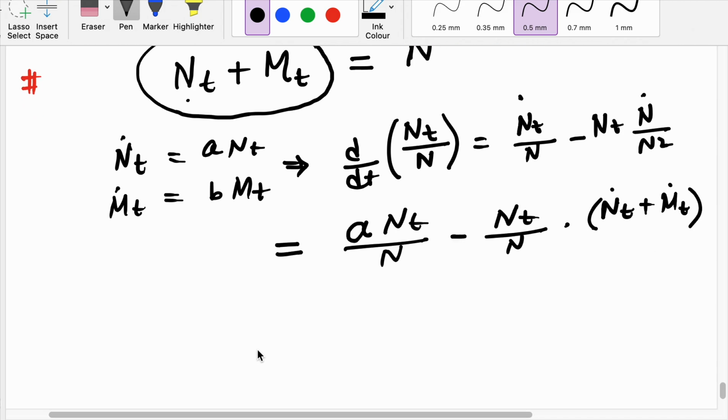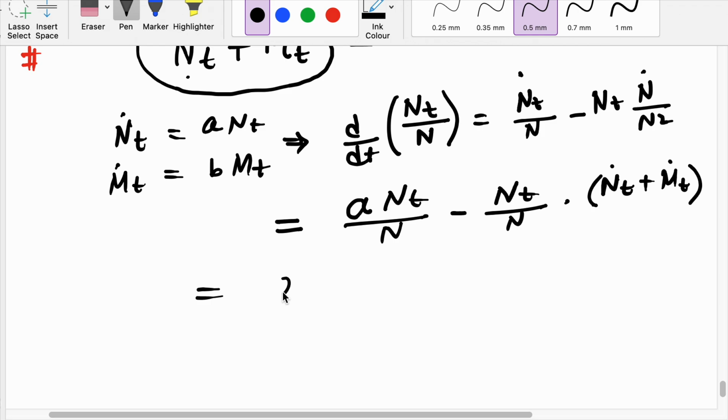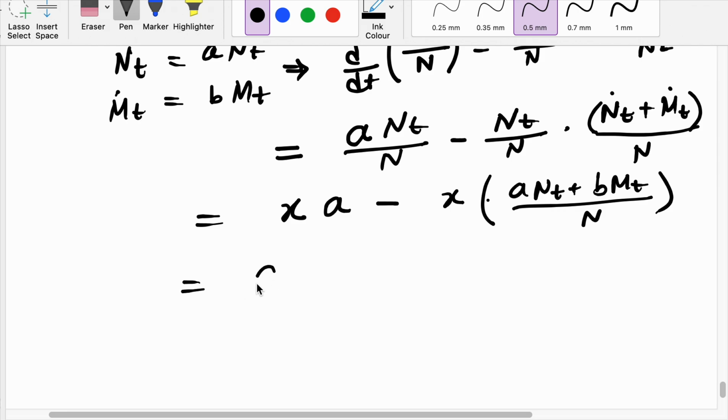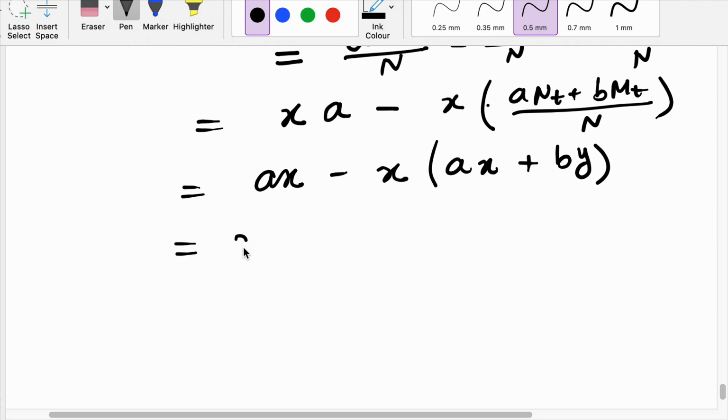So this is again the frequency x: ax minus x into (a nt plus b mt) by n. Again mt by n is the frequency of the blue type, which will be y. So my equation now becomes a minus (ax plus by).